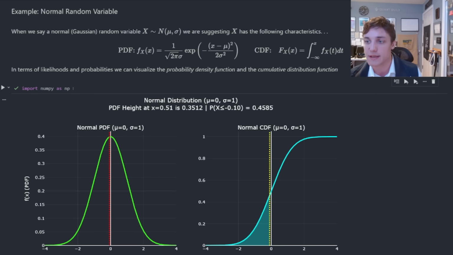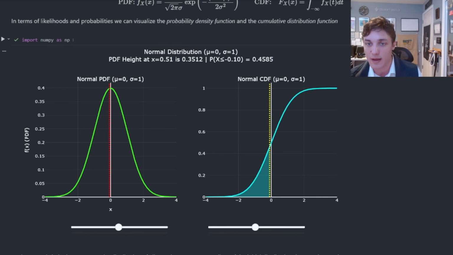And I have two charts here to help us visualize exactly what these look like. So on the left here, I have the PDF. We just saw this above. And now I have this slider, this vertical line. And this is precisely what I just mentioned. The PDF is not a probability. It is giving us the relative likelihood of points around that value.